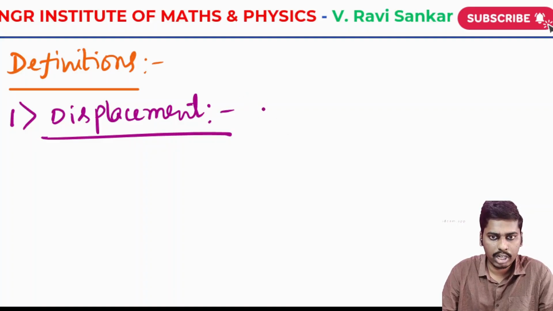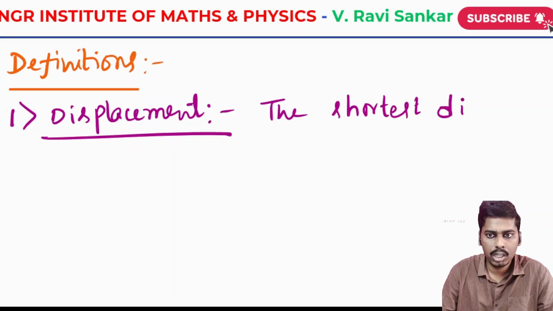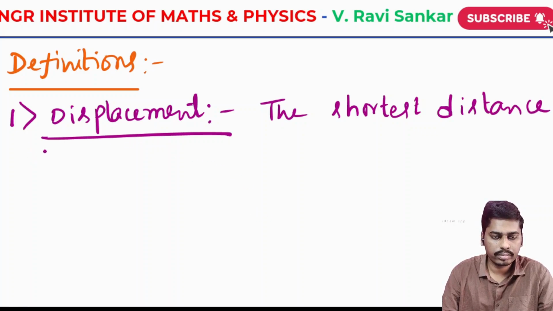Displacement is nothing but the shortest distance. The shortest distance is known as displacement. That's it. And what type of quantity is it? It is a vector quantity.